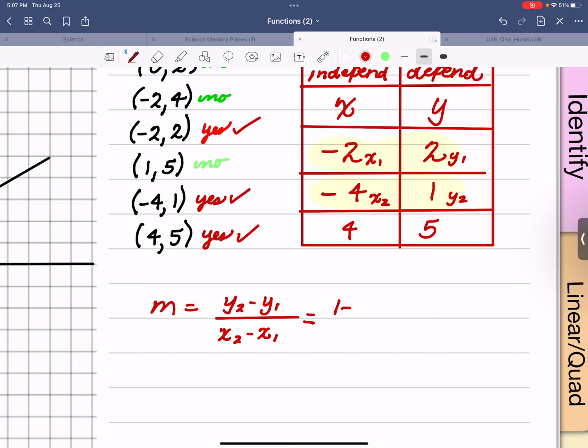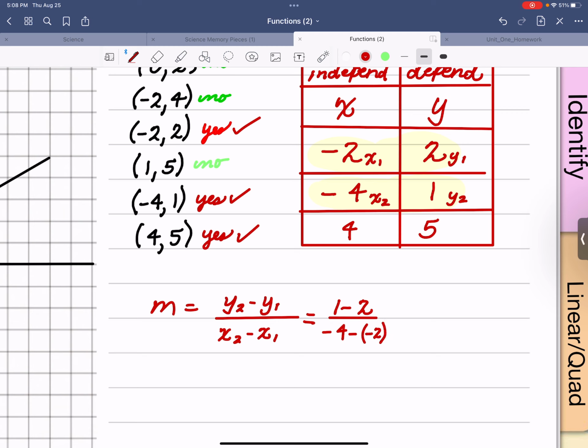Y2 is 1, y1 is 2. That's a tongue twister, isn't it? In fact, I'm going to make sure of that. Y2 is 1, y1 is 2. And then x2 is -4, and x1 is -2. This is why I find it so helpful to label my points, so I don't have to remember.